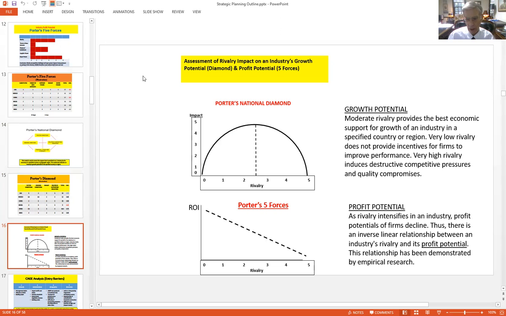Until at the far end, when rivalry is a 5 on this scale, what you have is dogs in the street fighting over a scrap of meat. There's certainly no long-range planning going on. So moderate rivalry in Porter's National Diamond is most conducive to an industry's growth and prosperity. So you have to be a little careful the way you analyze rivalry when you're looking at Porter's National Diamond.